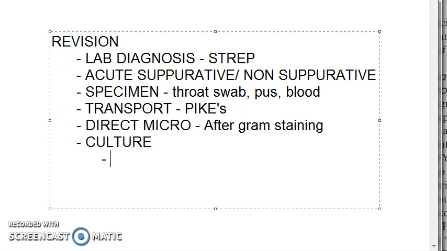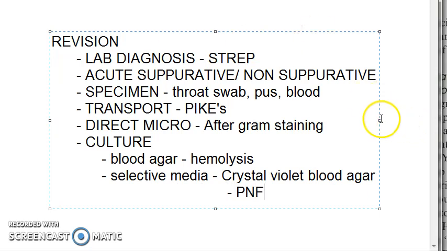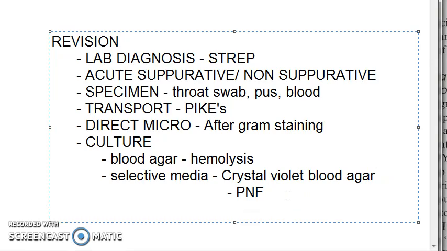You can do the blood agar culture, where you will see hemolysis, small colonies, low convex. Then you will have selective media: crystal violet blood agar. I think Streptococcus loves blood agar. And then you have one more, PNF media. PNF is not Pike's, it is polymyxin, neomycin, fusidic acid, right? Let's confirm.